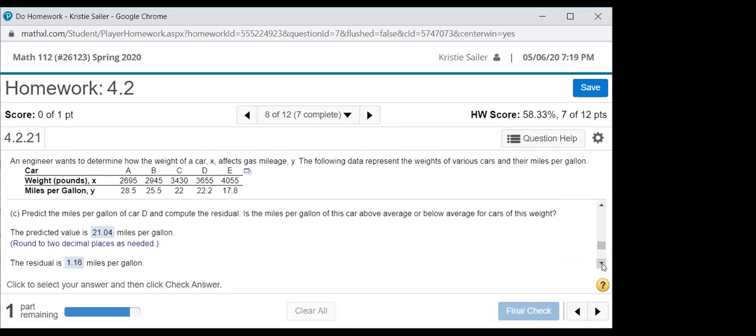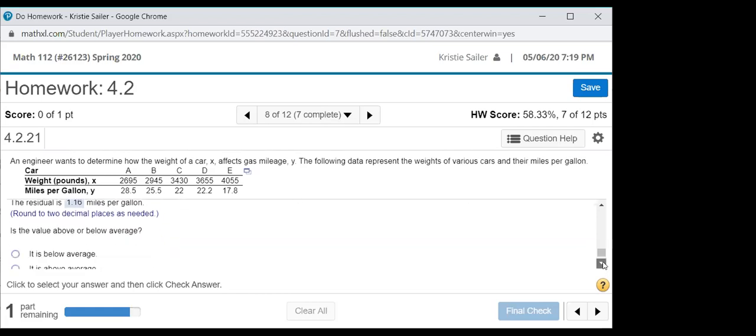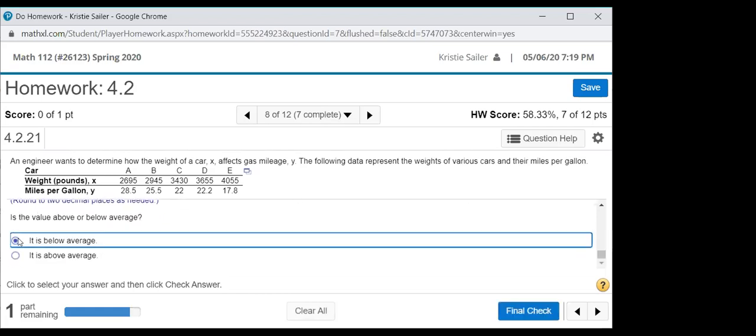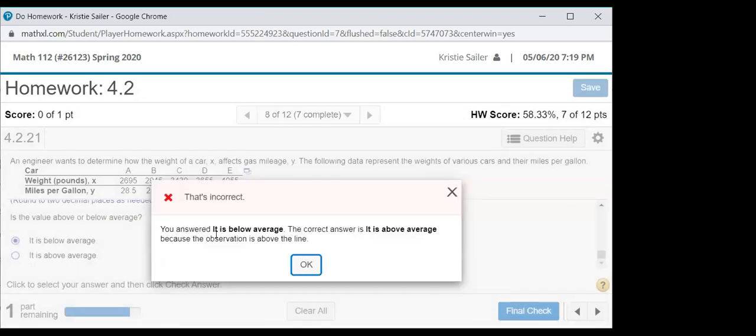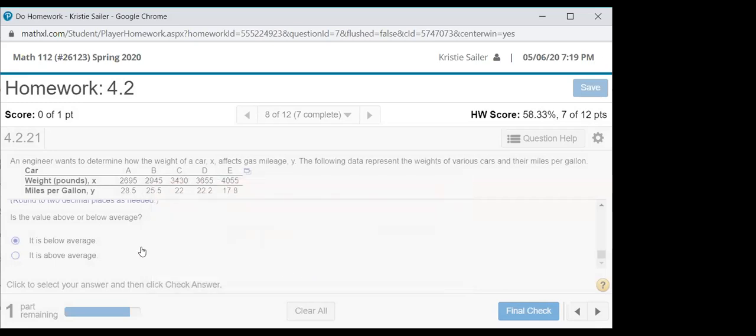Is the mile per gallon above average or below average for cars of this weight? Oh, okay. So my average would be what my data says? In other words, it's the question I asked you. Is 21.04 above or below the average for this weight, which is 22.2? Below. No, wait. You answered it as below average. The correct answer is above average because the observation is above the line. Oh, okay.